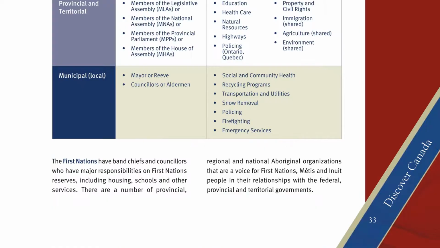The First Nations have band chiefs and councillors who have major responsibilities on First Nations reserves, including housing, schools, and other services. There is a number of provincial, regional, and national Aboriginal organizations that are a voice for First Nations, Métis, and Inuit people in their relationships with the federal, provincial, and territorial governments.